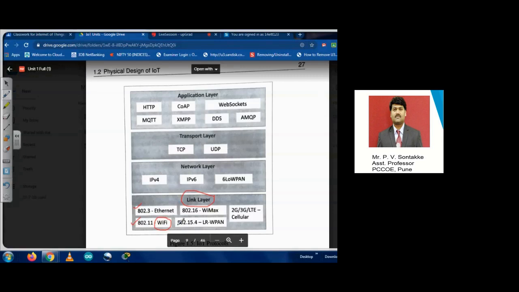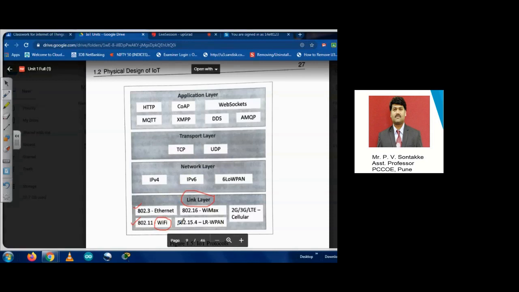So they will be working using different frequency bands. If I'm saying it's a dual band or single band frequency, single band means it will be using 2.4 gigahertz of frequency. And if I'm saying it's a dual band, it can use 2.4 gigahertz as well as 5 gigahertz. If a device is capable of dual band connectivity, its data rate is very much higher.